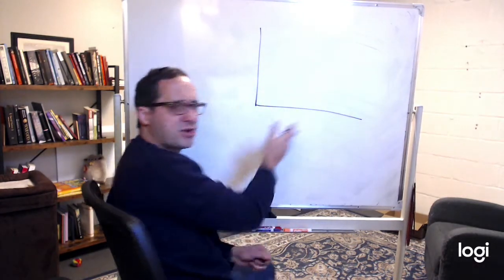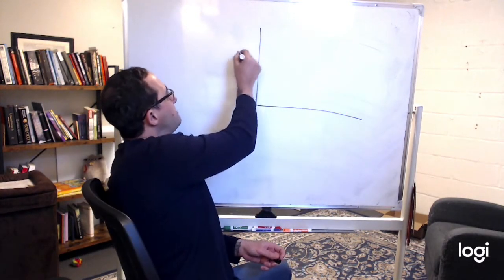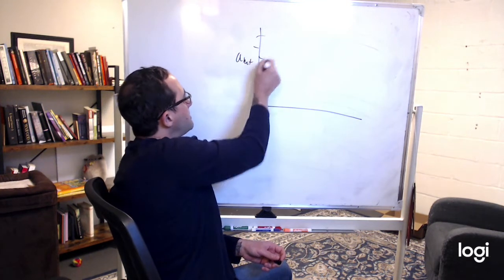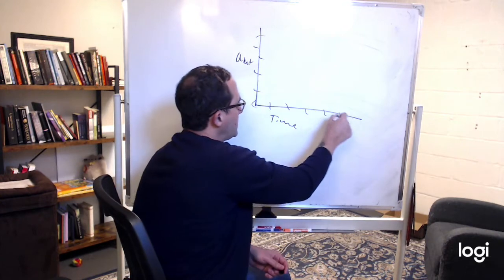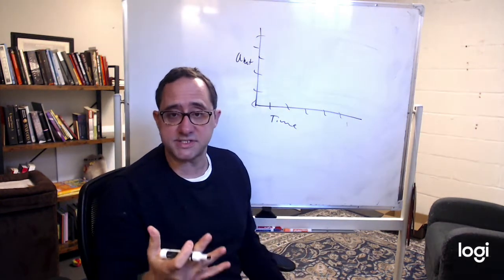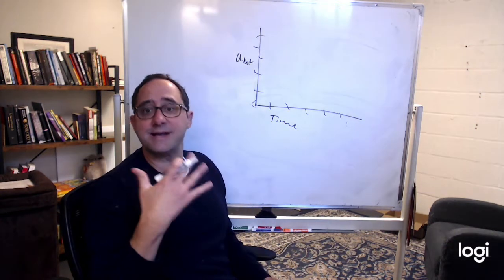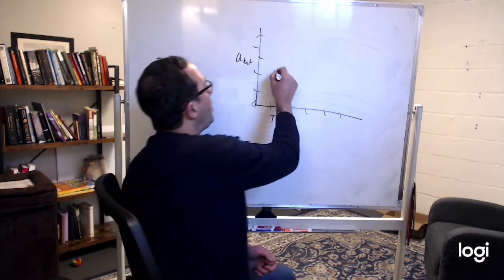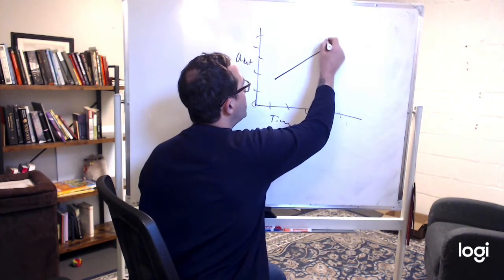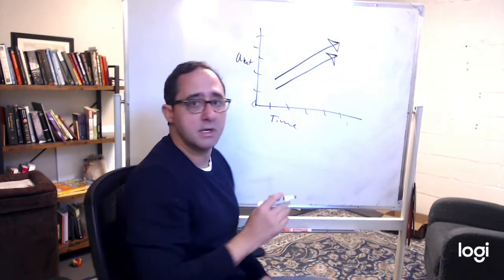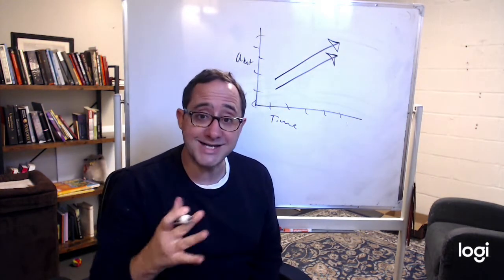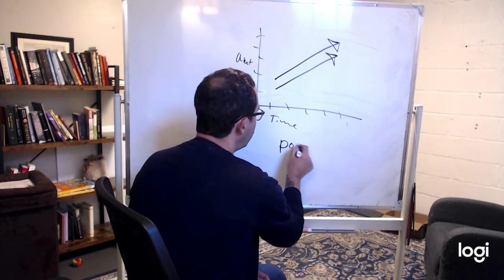If we're thinking about a graph, right? This is amount and this is time, okay? And you have two different factors. One of them from this point goes up and the other also goes up at the same time. We would call this a positive correlation.